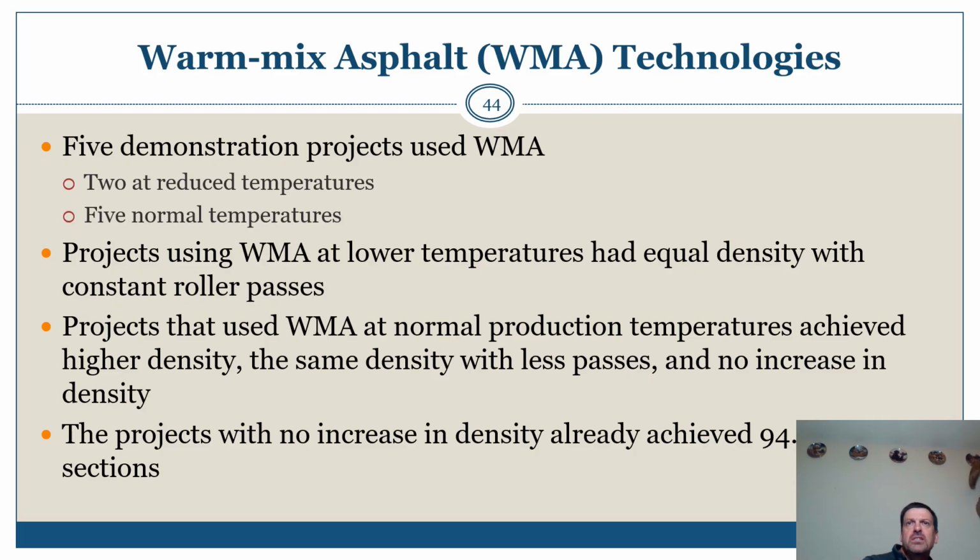Projects that used warm mix at normal production temperatures were able to achieve higher density, or the same density with fewer passes. In some cases there was no increase in density. The projects with no increase in density, though, had densities that were already at 94%.